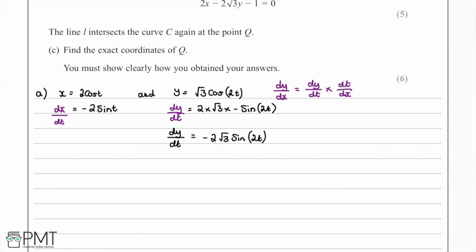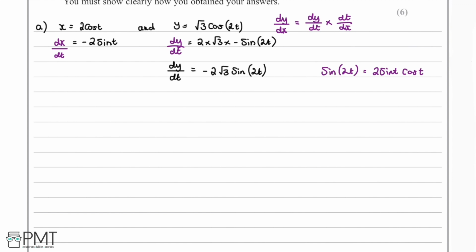So then we recall the double angle formula. So we'll have that sine 2t is going to be equal to 2 sine t cos t. So just bear with this for just now, as it will become clearer why we use this in a second. So what we'll now do is take our new equations for dy by dt and for dx by dt and substitute them into this equation here.